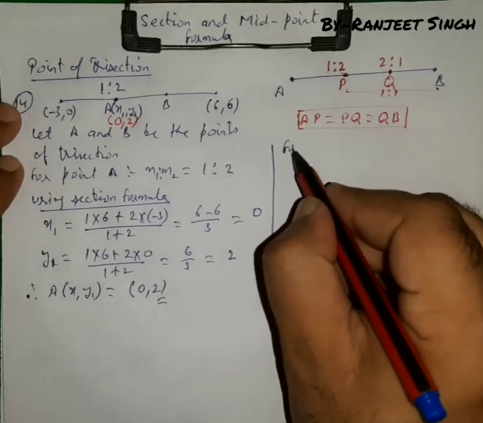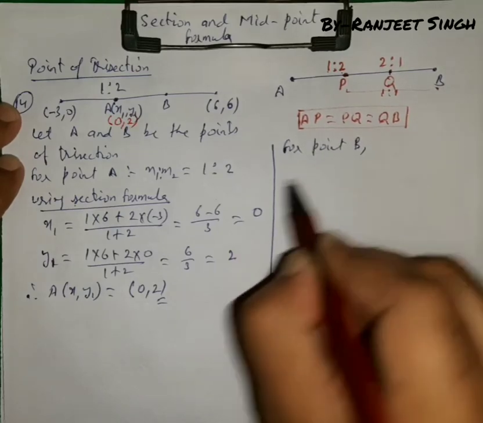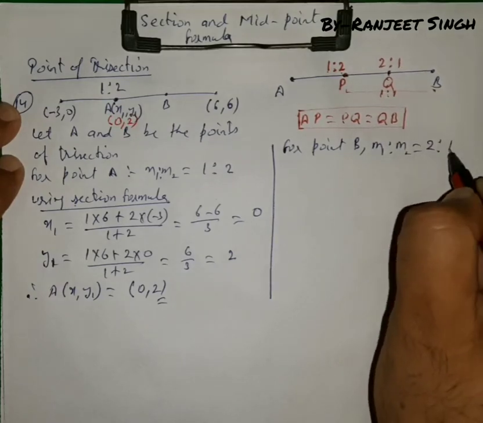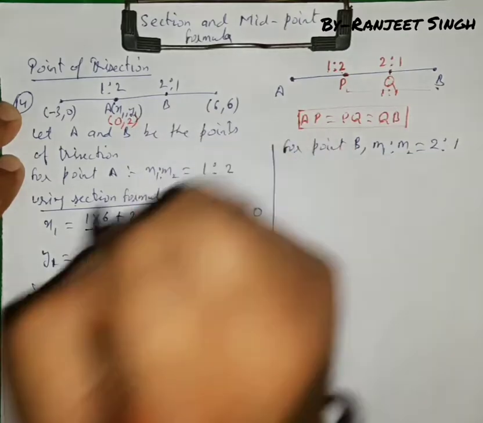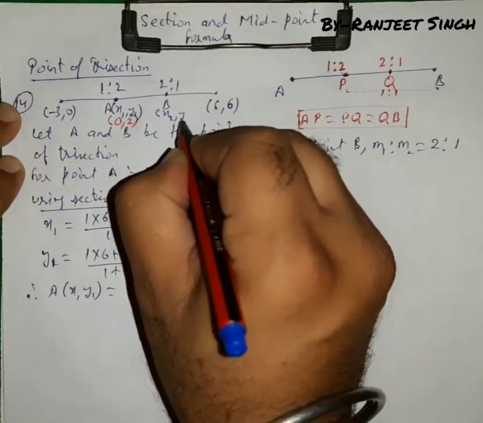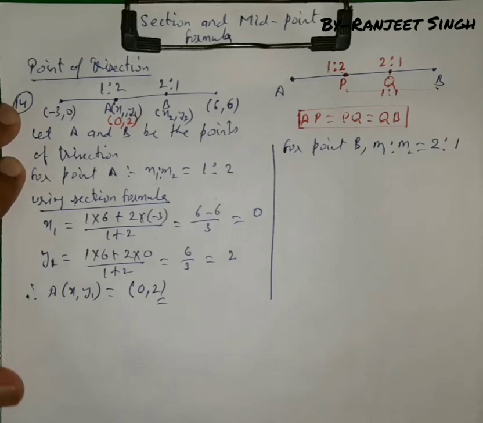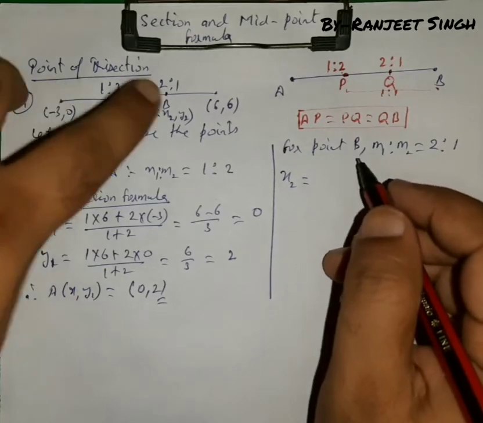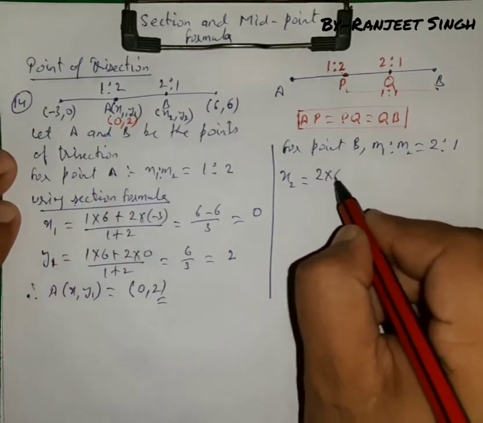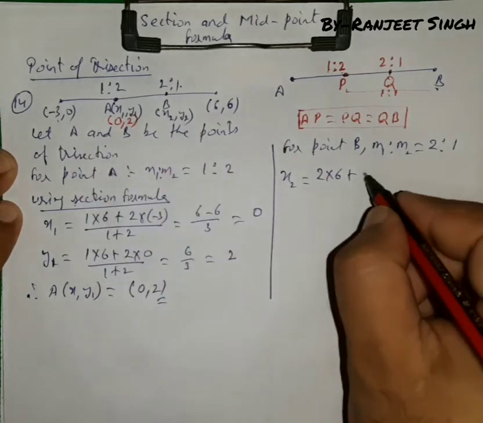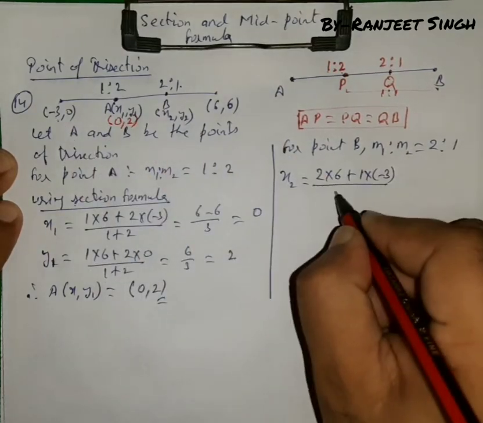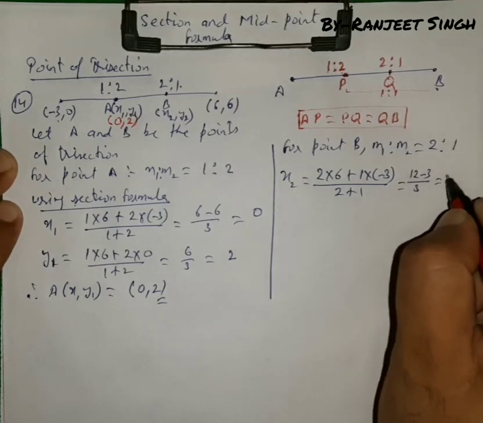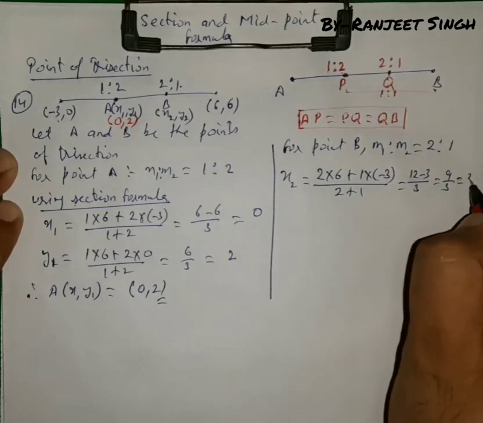Now for point B, m1:m2 is equal to 2:1. For this point the ratio will be 2:1, and let the coordinates be x2, y2. Once again using the section formula, x2 will be equal to 2 multiply 6 plus 1 multiply -3 over 2 plus 1. That is 12 minus 3 over 3, 9 over 3, which is equal to 3.